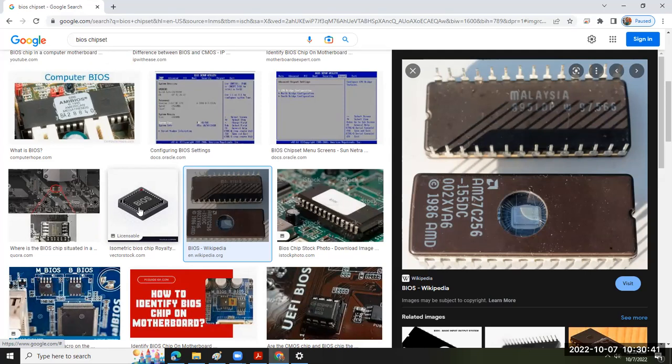Man, 10 different releases of new BIOS for this particular motherboard.